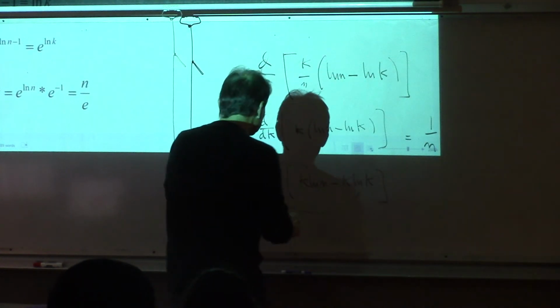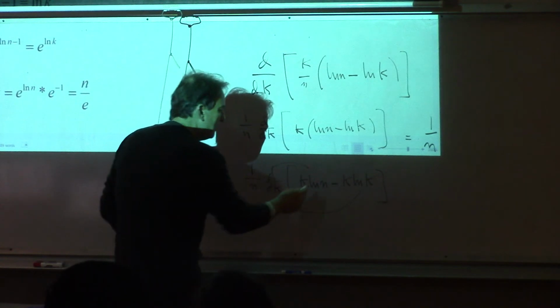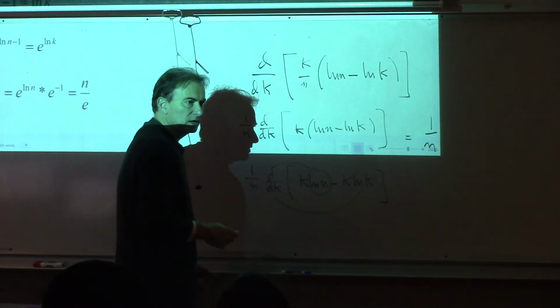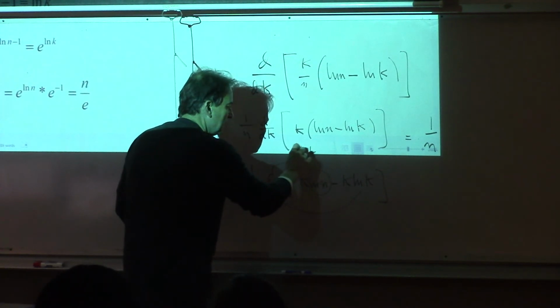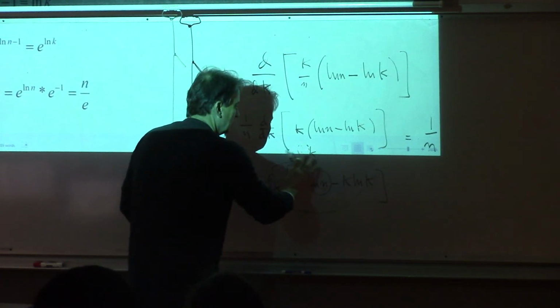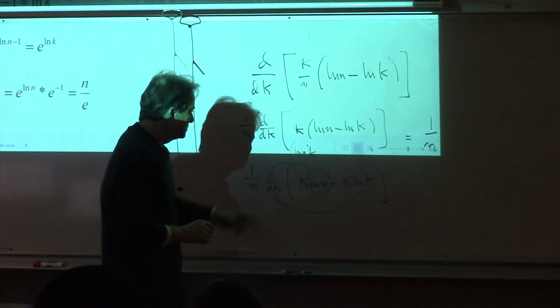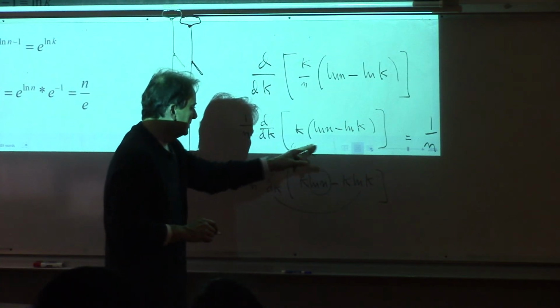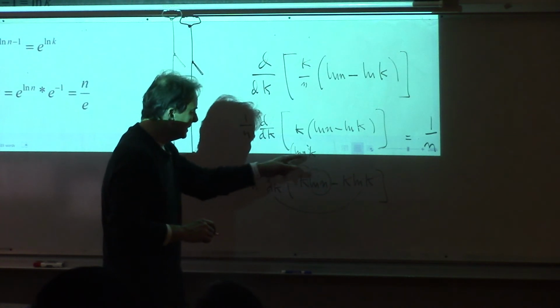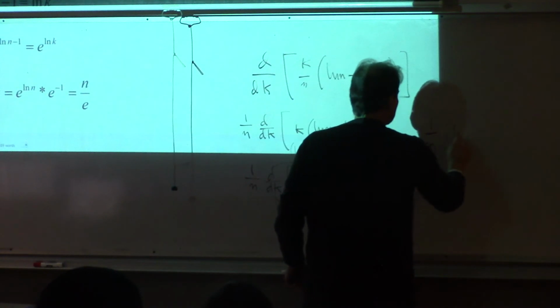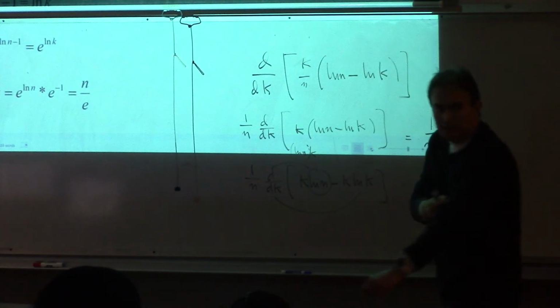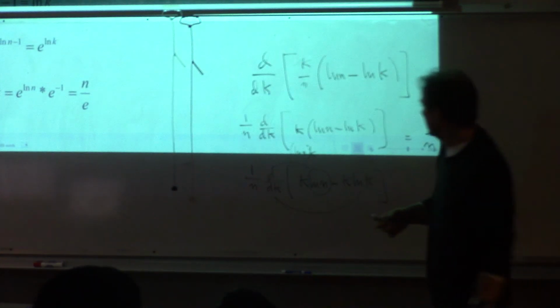Now, let's take the derivative of k log n. Remember, log n is just a constant. So think of it as log n times k. So the derivative with respect to k is 1 times the coefficient times k to the 0, which is just log n. Everybody got it? Does that make sense? Yeah. Good. Okay. Awesome.